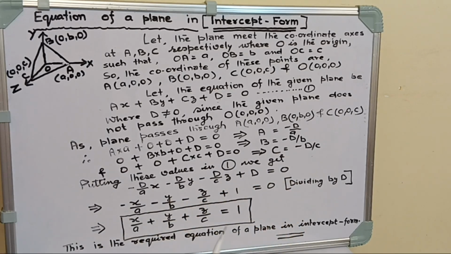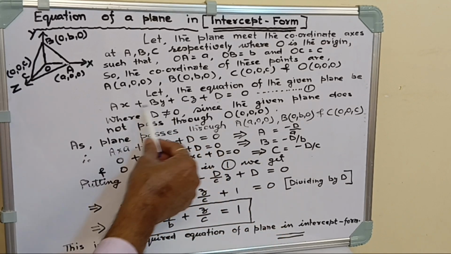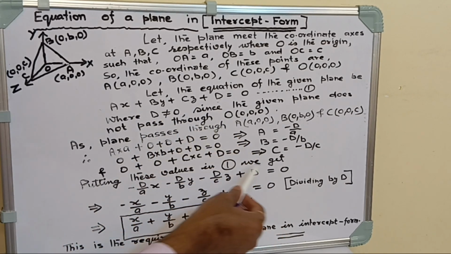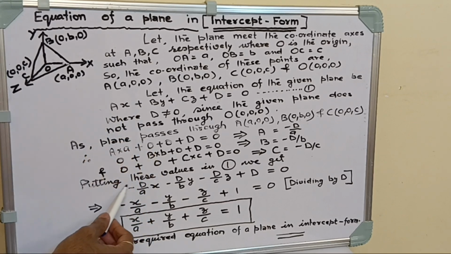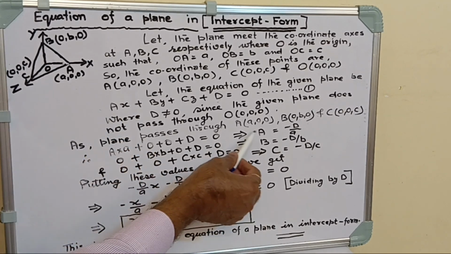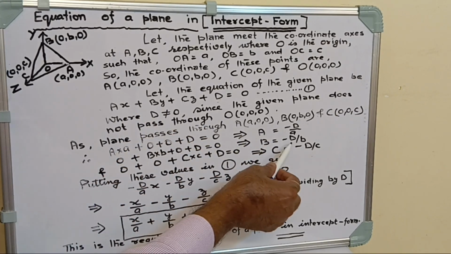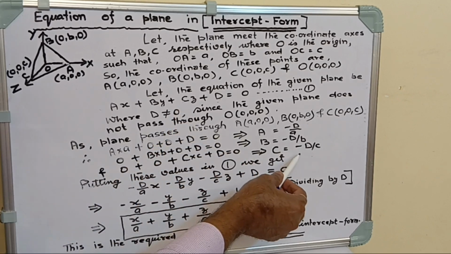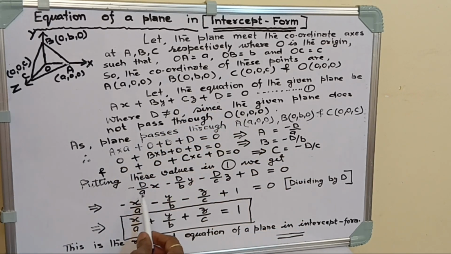Putting the values of a, b, and c in equation 1, we get minus d by a, x plus minus d by b, y plus minus d by c, z plus d is equal to 0.